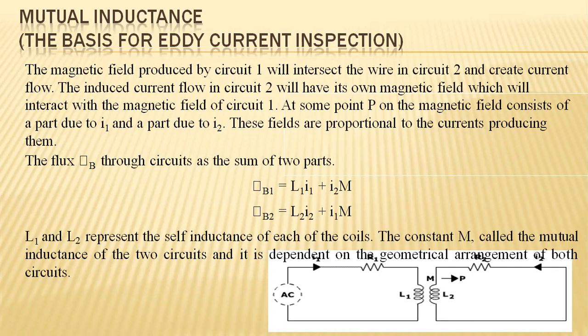Considering B1 equals L1 I1 plus I2 M, it clearly specifies that L1 and L2 are the self-inductance of each of the coils existing in the pictorial representation, and M is the mutual inductance of the two circuits.